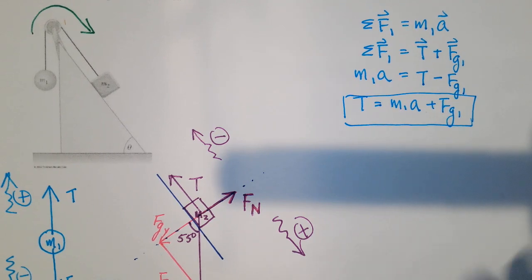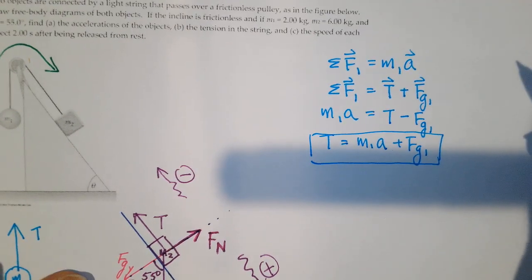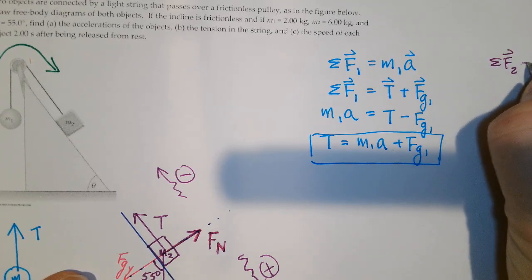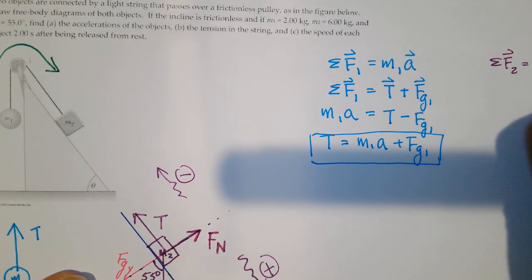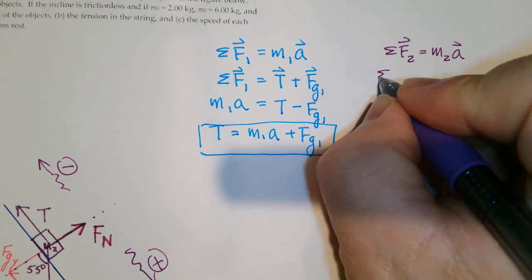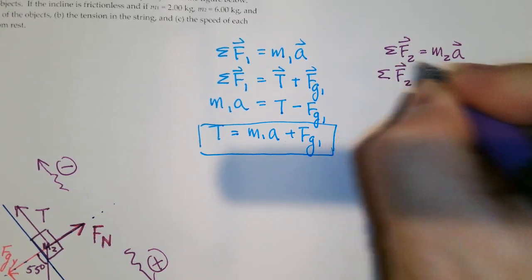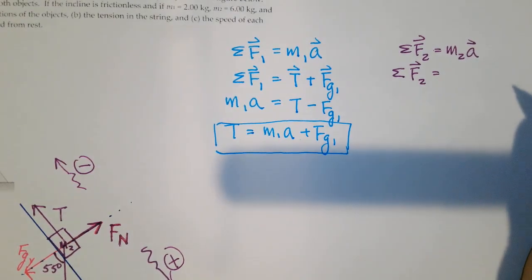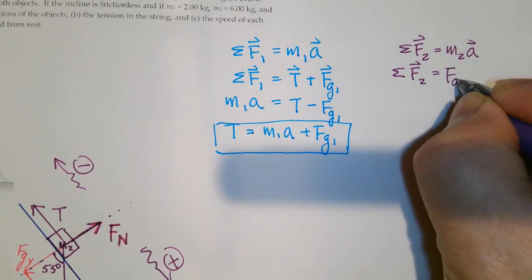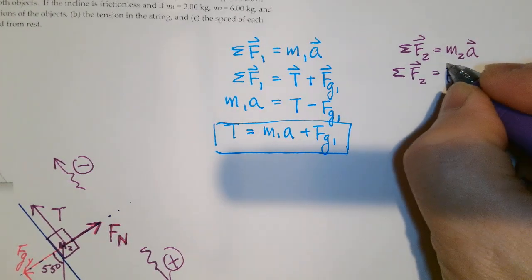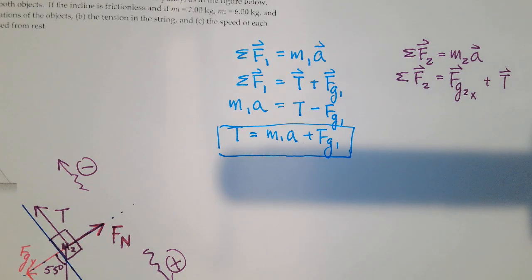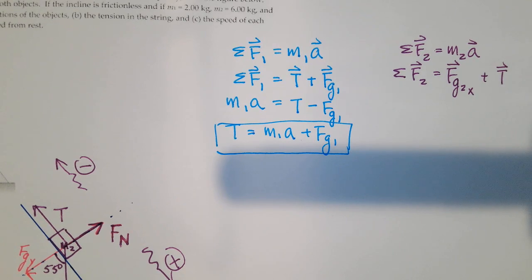Then, if we take a look at M2, the sum of all forces for mass 2 is equal to M2A, and it looks like I have Fg2x plus tension as the only two forces in the x direction.